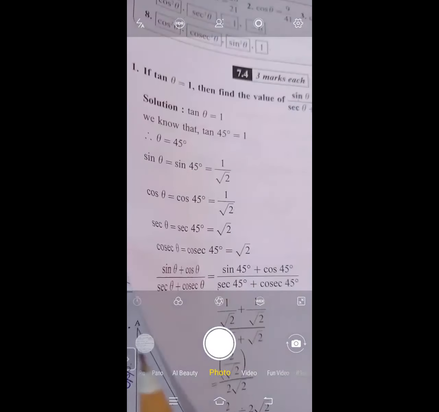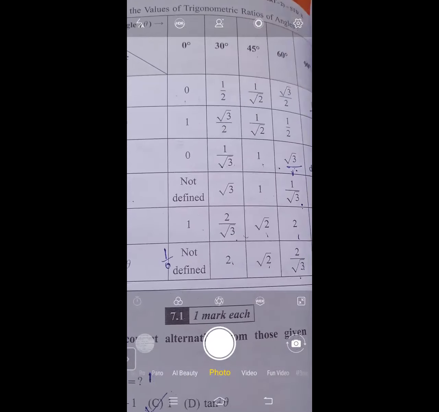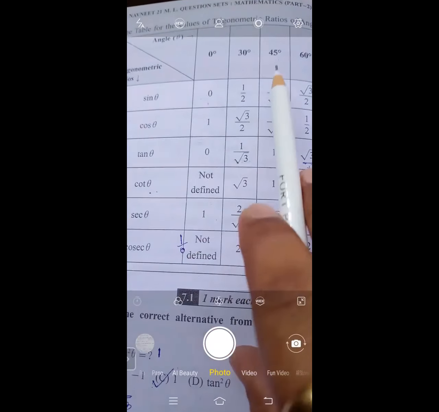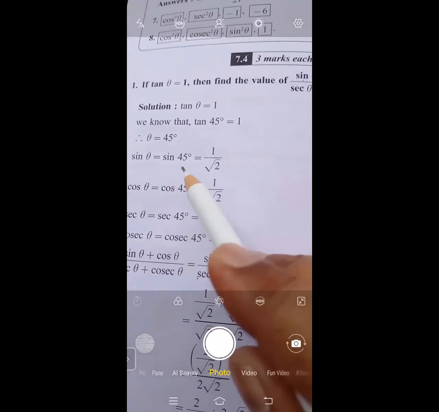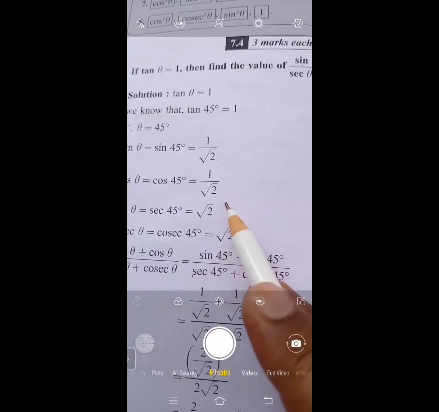If you have time in your exams, do make this table in your rough work column, which will help you to solve these types of questions. So sine 45 degrees is 1 upon root 2. What about cos 45? Yes, it is the same, 1 upon root 2.